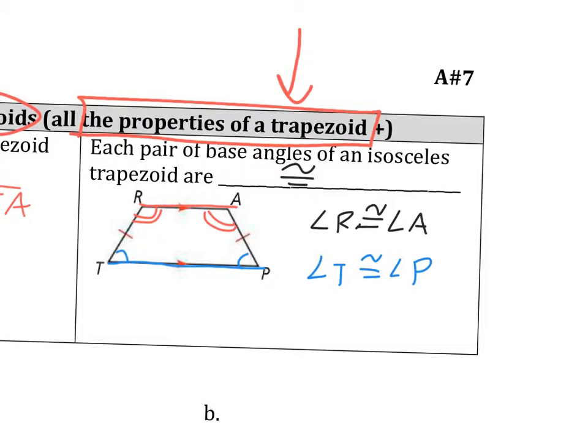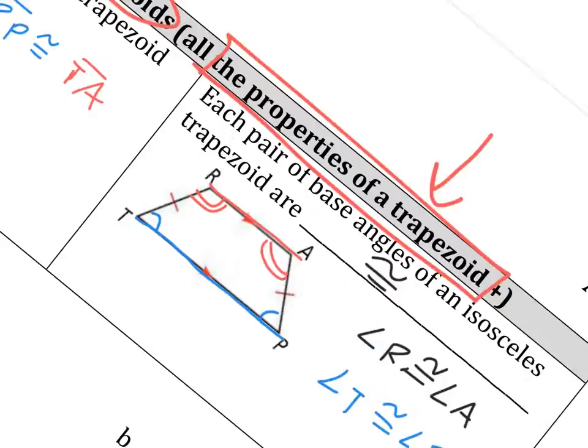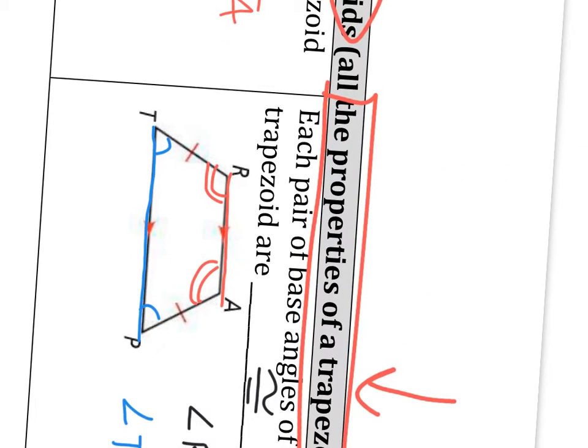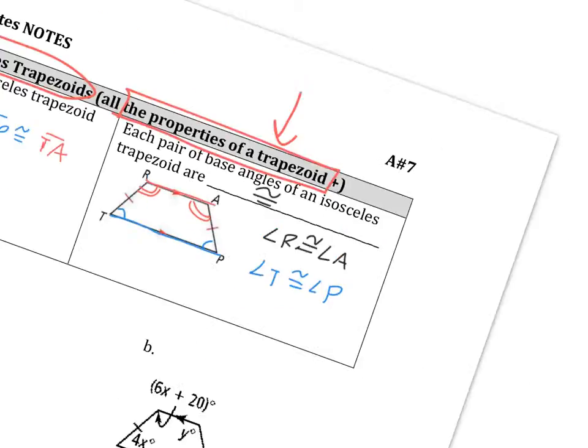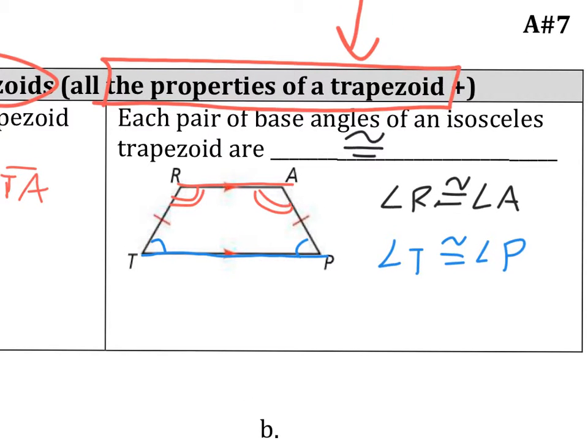Got to be aware of how the orientation is. Don't just say the tops are congruent to each other, and the bottoms, because if it's rotated this way, then we end up getting these 2 here and these 2 here. So we have to pay attention. The bases are parallel. B1 and B2 are parallel. And that's essentially true for other shapes.